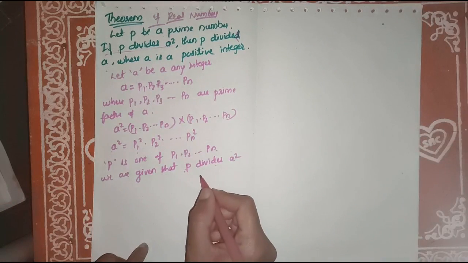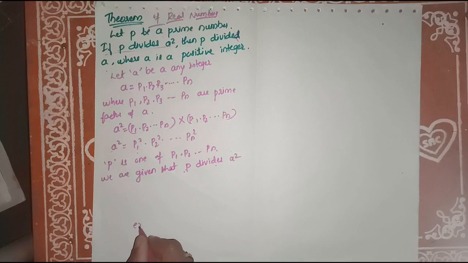Just generally, if you take an example, for example consider 24. It can be written as 4 into 6, or 12 into 2, that is 2 into 2 into 2 into 3, which is 24.